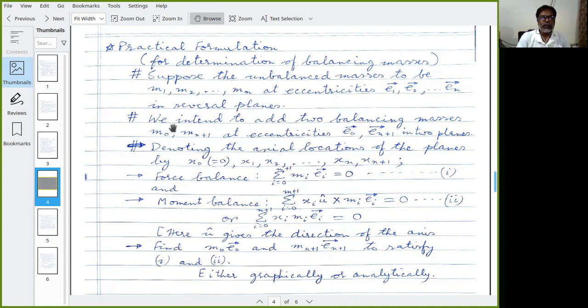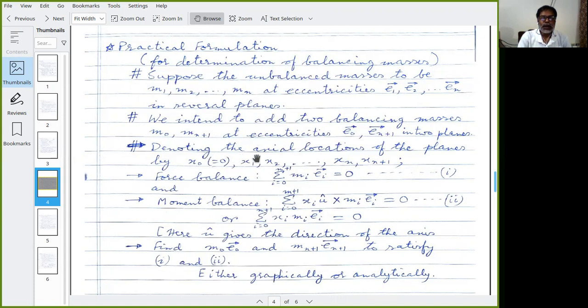Now we intend to add two balancing masses in two planes which we choose. Those balancing masses, call them M0 and Mn plus 1, at the two ends, so far as indices are concerned at least. They can be in that order also, but not necessarily. And eccentricity also we have to keep in those two planes.